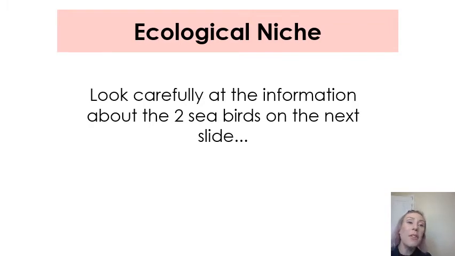Okay, so moving on to our final definition. I'm looking now for us to explore niche. Now, as you can see from your keynotes, you've got a definition of niche. And what I want you to do is to use that definition and the information on the next slide to explain why you think these two seabirds can live in the same ecosystem, in the same place within it.